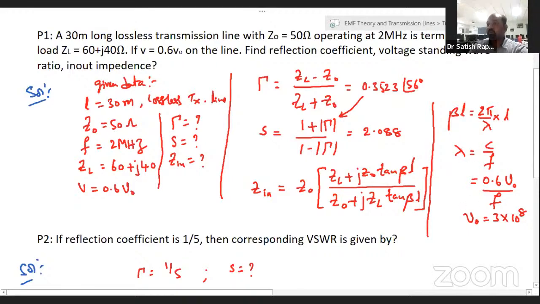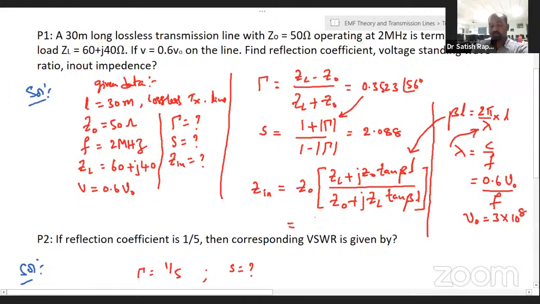Substitute lambda in this expression and simplify to get beta. Substitute beta L, ZL, Z0 here and simplify, and you will get the answer.